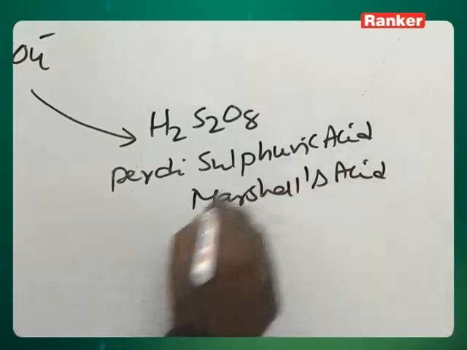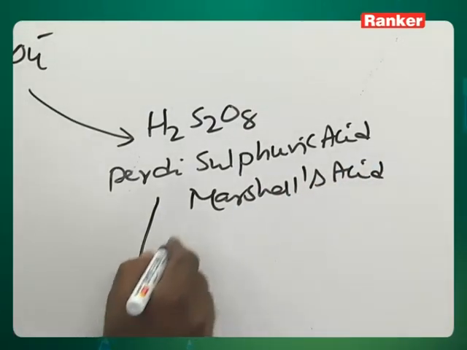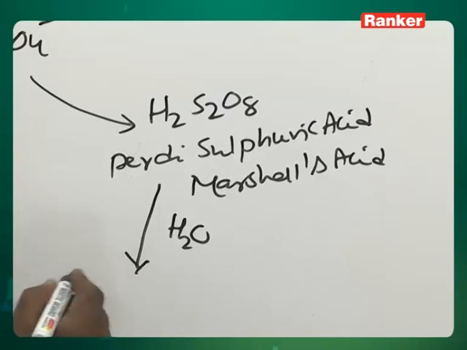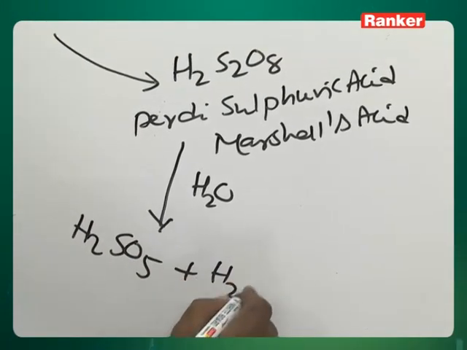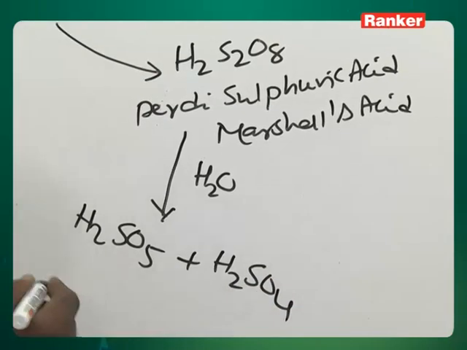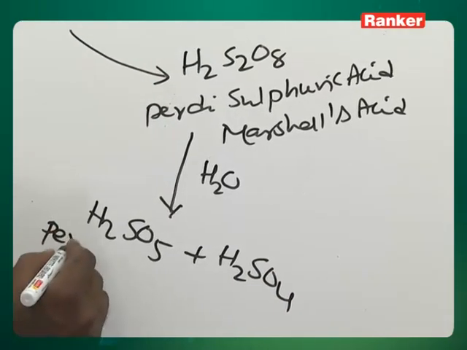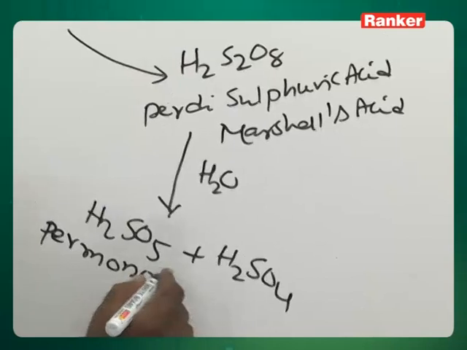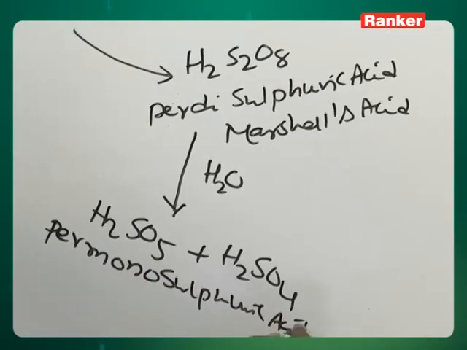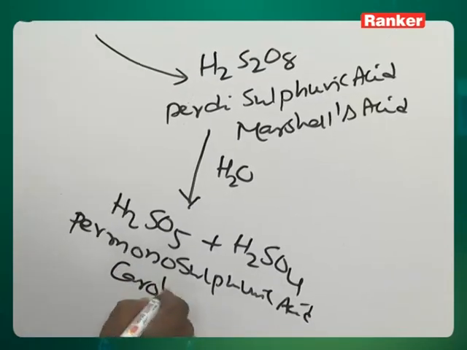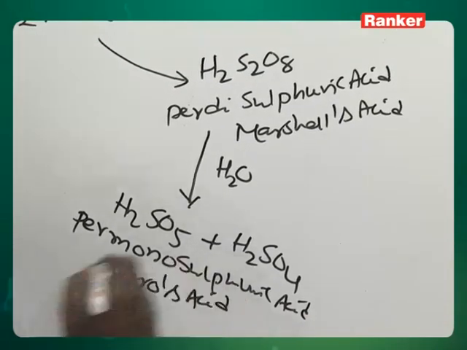Names not necessary. And when you add water to this, you get H2SO5 and H2SO4. This time it is called per-monosulfuric acid, also called Caro's acid.